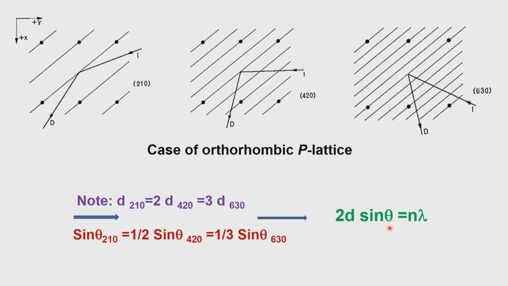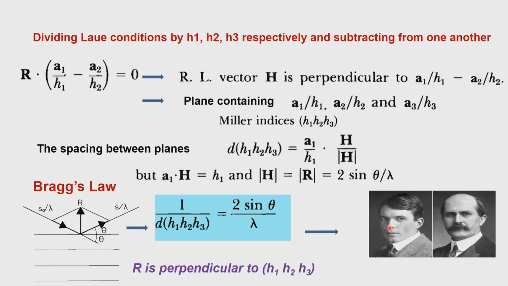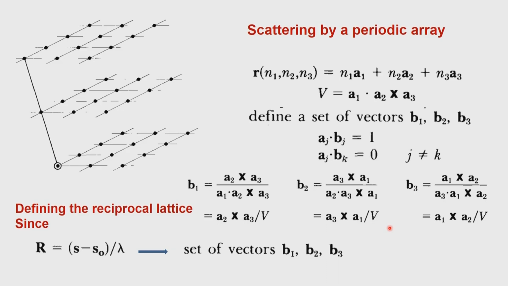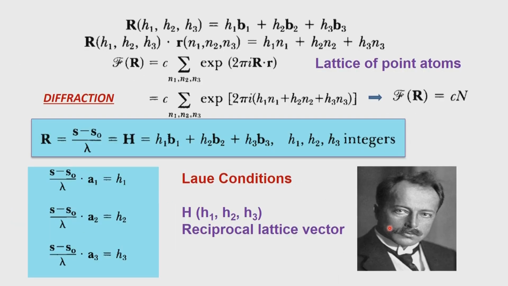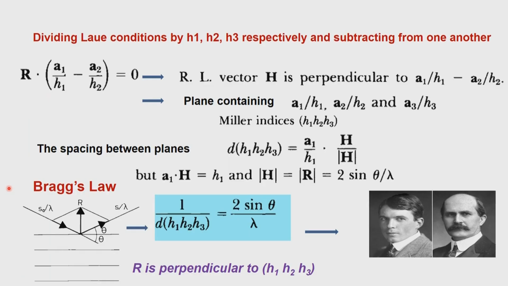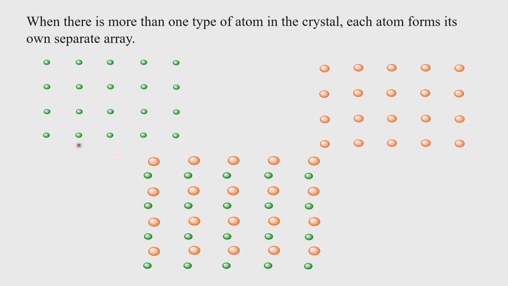So, essentially, just a quick revision of what we did until now. We started with the scattering from a periodic array, and then we derived the expression using the Laue conditions, and having done that we derived Bragg's law. Having done Bragg's law, we tried to understand diffraction as a reflection from a plane, and then we identified that the scattering is coming from atoms and not from the planes, but the atoms are associated with the planes.